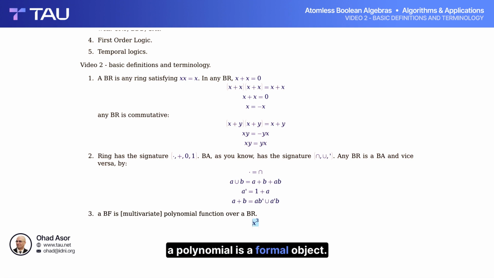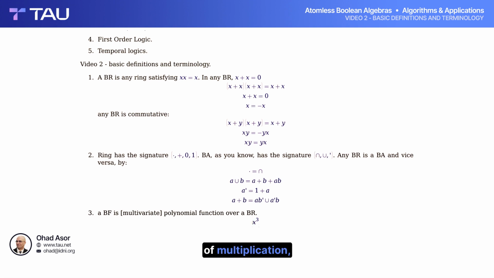A polynomial is a formal object, but in a polynomial function, because of the idempotency of multiplication, in Boolean algebra, we never need to write any exponent. So a univariate polynomial, in other words, a univariate Boolean function, has this general form, where A and B are elements from the Boolean algebra we are talking about.